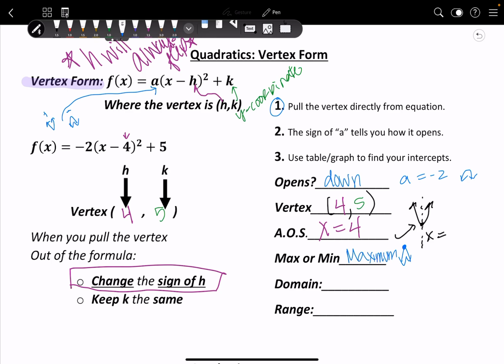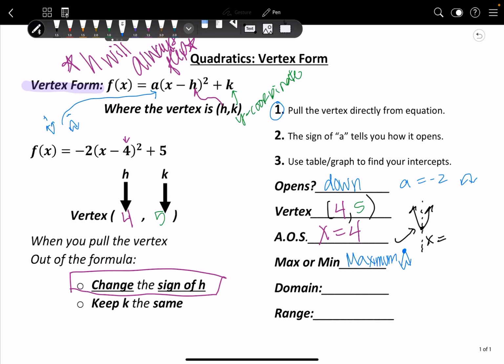Your domain, if you go from left to right, if we're looking at this, I'm just going to make a big sketch for you guys here. You don't have to do this. If I come from the left, it's -infinity.